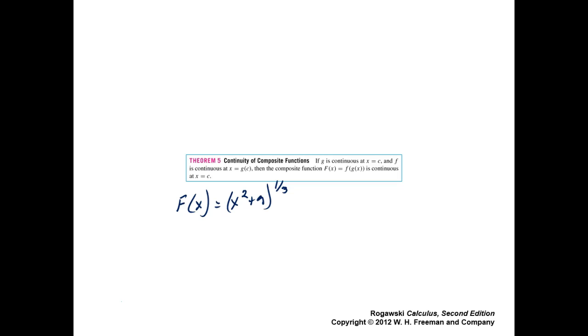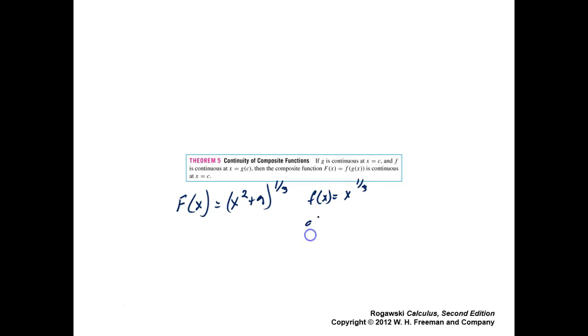The inner function is your g of x, because that goes inside, and the outer function is your f of x. So in this case, your little f, and they like to call it x, I wouldn't, but they call it x, is equal to x to the 1/3 power, the cube root of x.